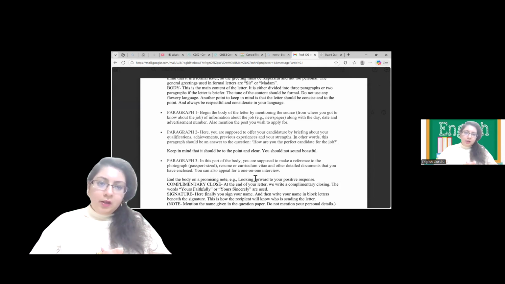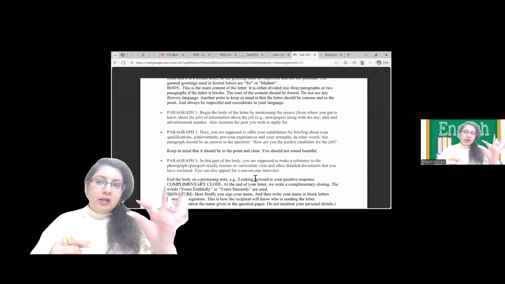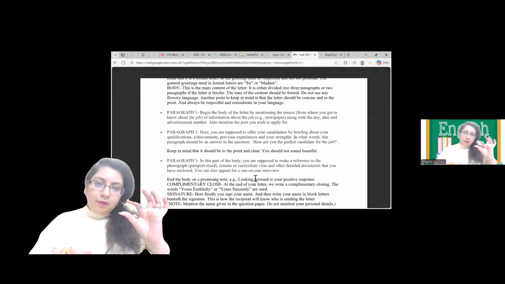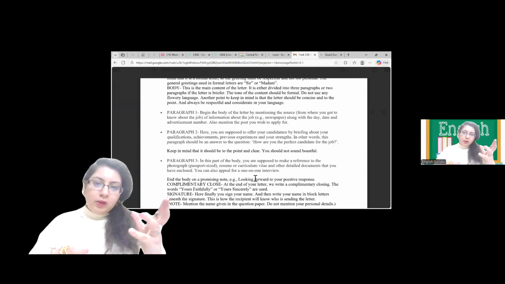You can mention the source of information about the job, for example the newspaper, along with the day, date and advertisement number. What was the number of that advertisement?